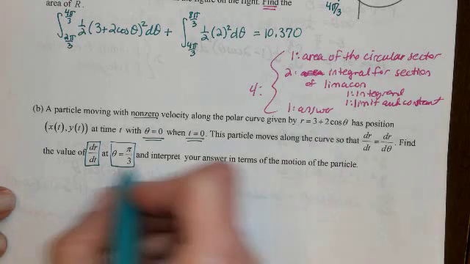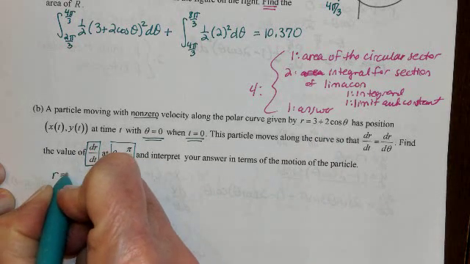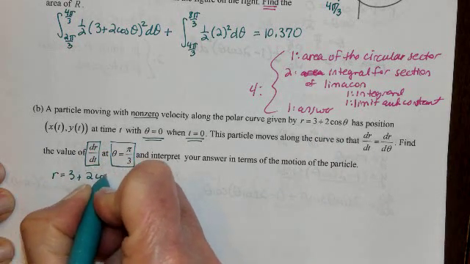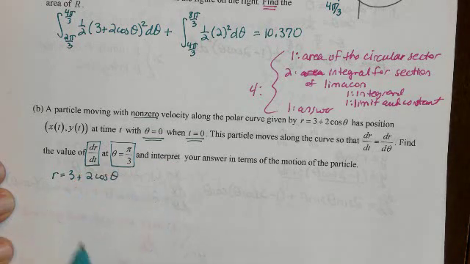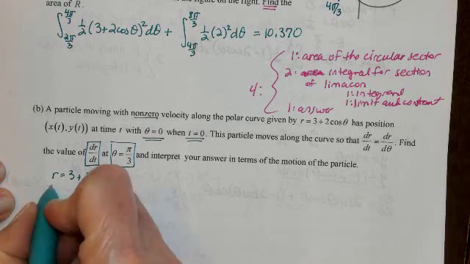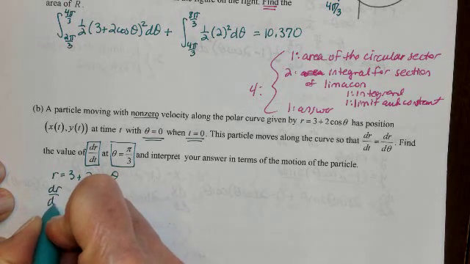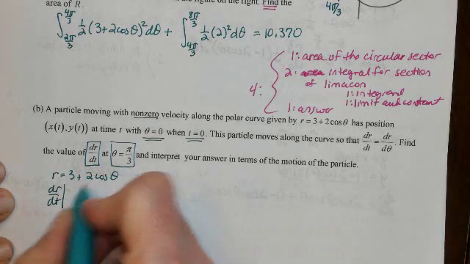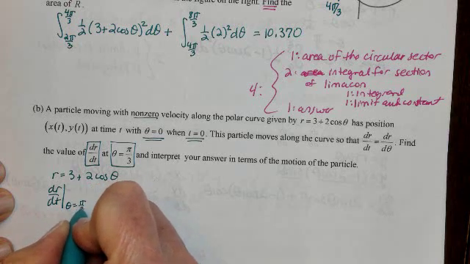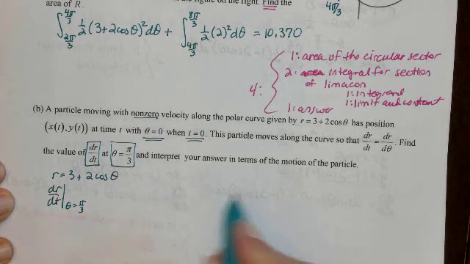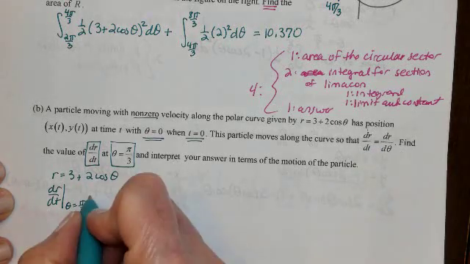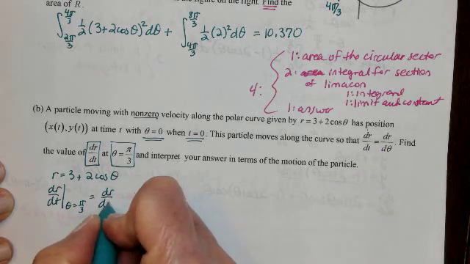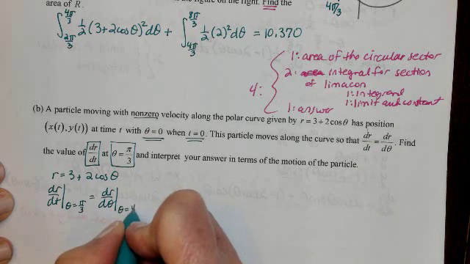Well, I know what r is. r is equal to 3 plus 2 cosine theta. I want dr dt, and I want to evaluate it when theta is pi over 3. They tell me that dr dt is always equal to dr d theta, so this is equal to dr d theta at theta equals pi over 3.